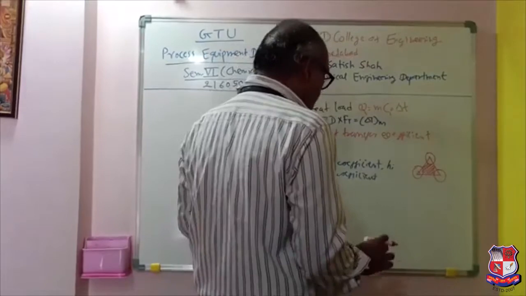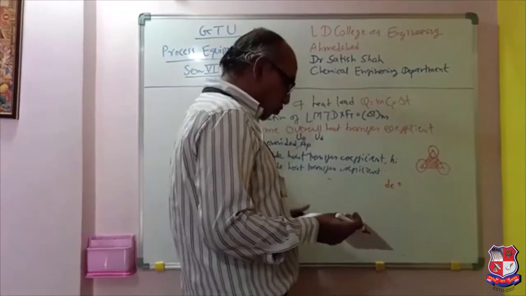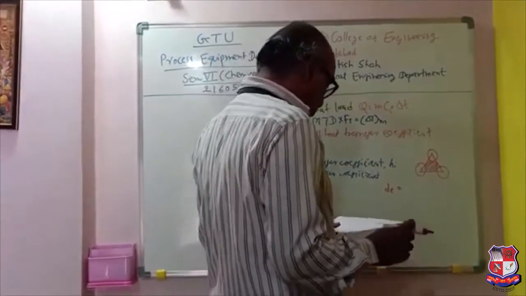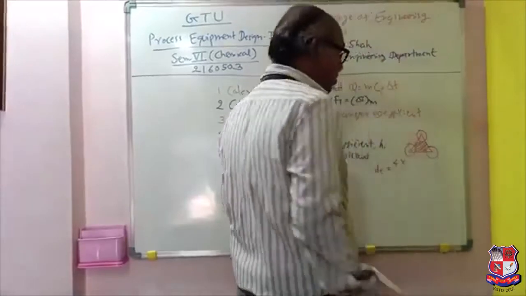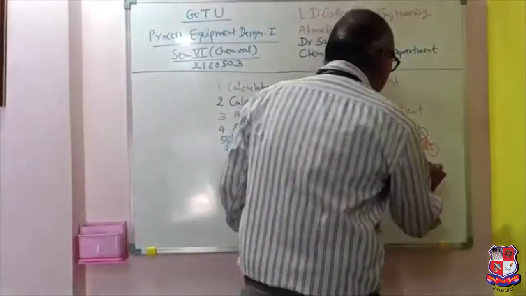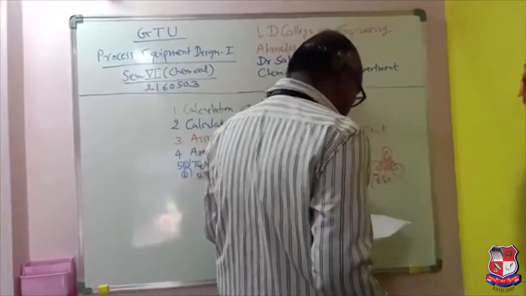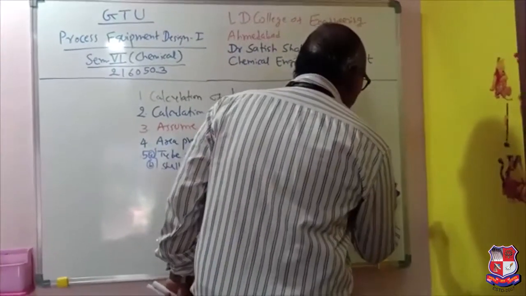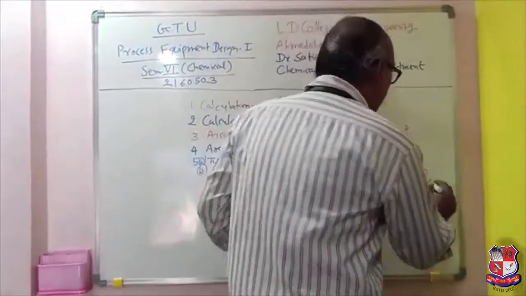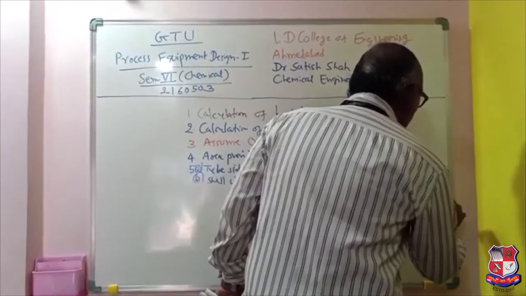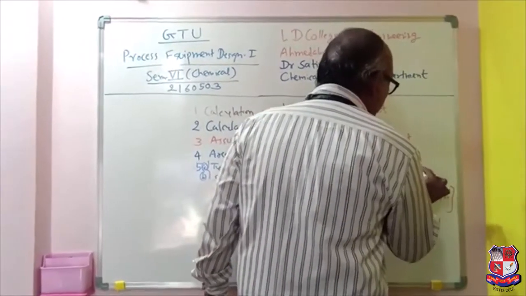So here you can write dE equal to 4 into the cross section area. What is the cross section area? It will be 1/2 PT into PT sin 60, that is 1/2 base into height, minus pi by 8 dO square, because it will be a half circle, 60, 60, 60.